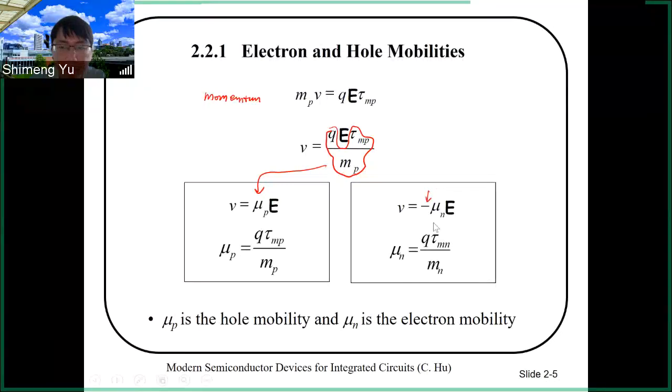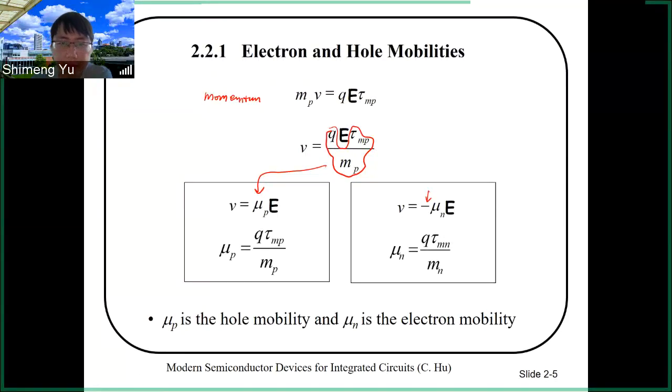And here we have the mobility for electron and the mobility for the hole. They may be different in terms of the values in the silicon. But overall, the principle is very similar between the electron and hole. In lecture 2, we only had the electron. Why is that? Because in metal, we only have electrons.